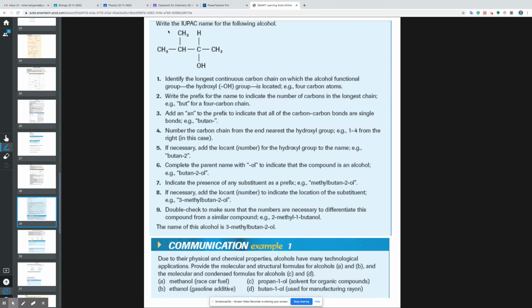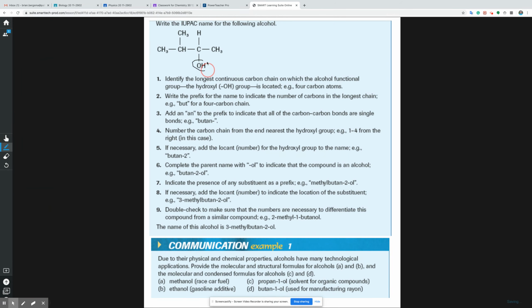Okay, so for this one, if we're writing an IUPAC name for this alcohol, here's our hydroxyl group, so we're going to start numbering on this side: 1, 2, 3, 4. So it's going to be but-, and because we only have one double bond, we take the E off here.